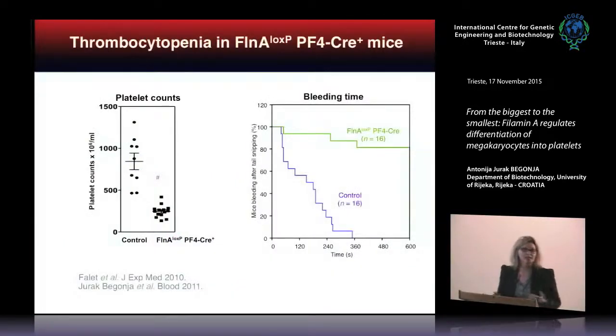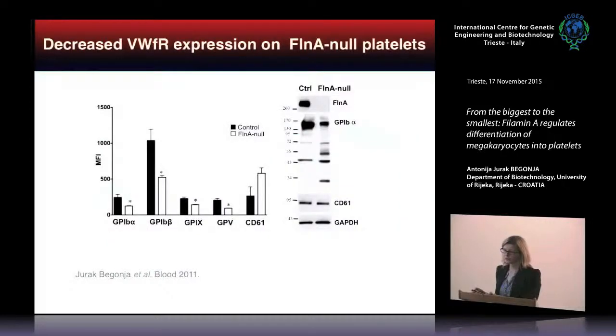So when we analyzed these mice, they were looking quite normal and nothing obvious. However, platelet counts in these animals were really decreased. When we looked at the bleeding time, these animals, if their tails were cut a bit, were bleeding for more than 10 minutes as compared to control animals.